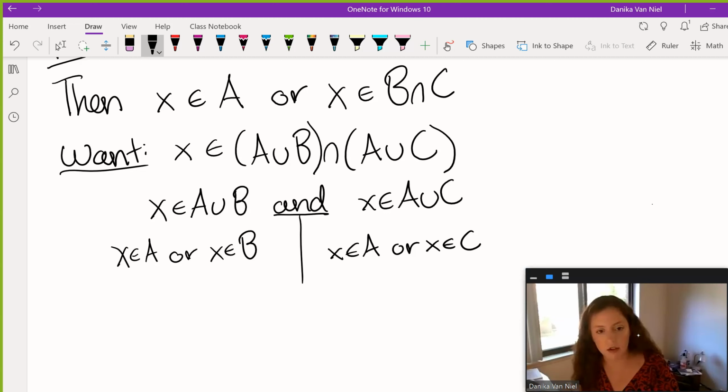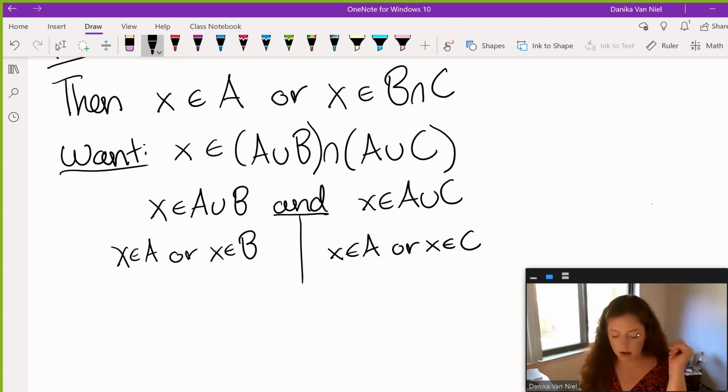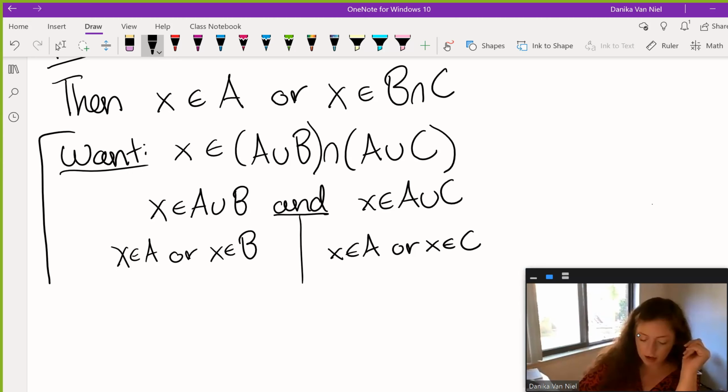See how I did that? So this and still follows through. It's not enough to show that X is in B, because I also need to show that X is in A union C. And B and C maybe don't have anything to do with each other. But the one caveat is if I show that X is in A, boom, I got both sides. We could talk about that in a second.